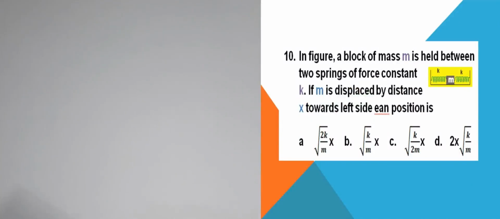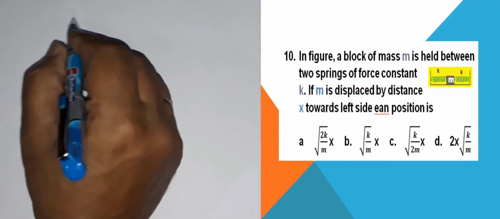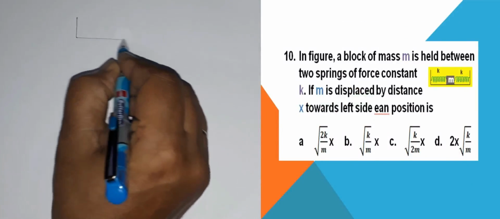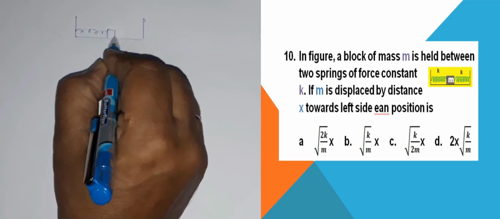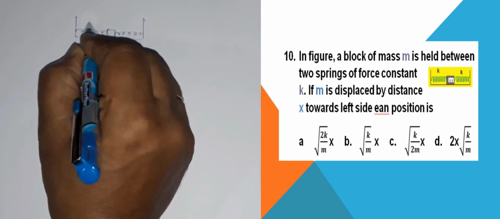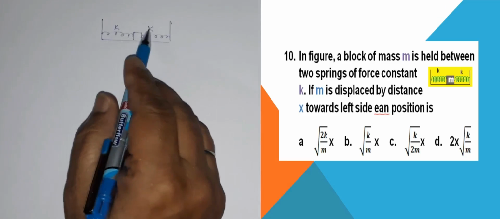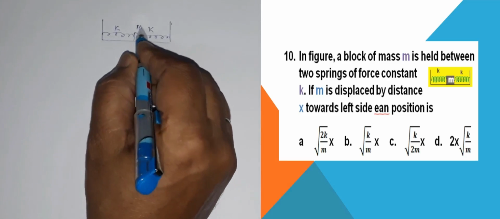Next question is, there is this block tied between two springs, both having spring constant k. This is mass m.